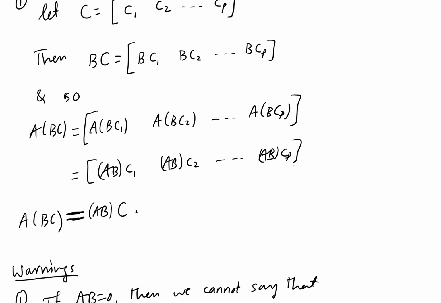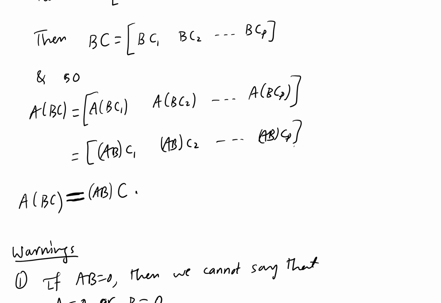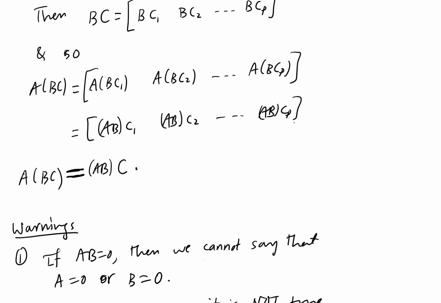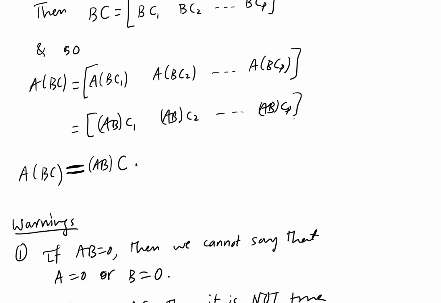Quick warnings: if AB equals 0, we cannot say A is 0 or B is 0. You're not solving an actual algebraic equation. If the product of two matrices is 0, it doesn't mean either A is 0 or B is 0. You can multiply two matrices and get the 0 matrix, but it doesn't mean one of them has to be a 0 matrix.